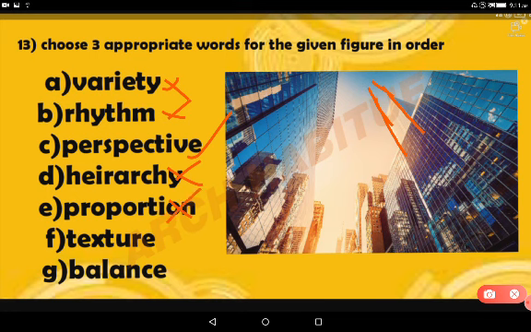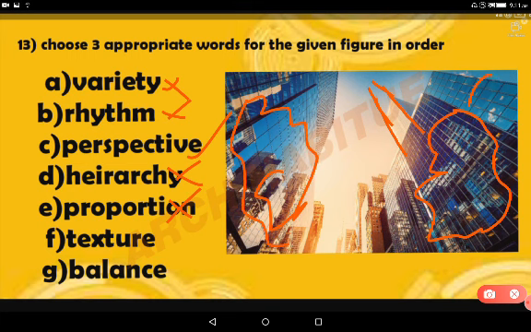There is no proportion. Yes, there is an effect with the texture because they are reflecting all throughout the building. We can see reflections. So there is a play of texture in this figure. Yes, there is balance. So we will go for balance, then perspective, and then texture.